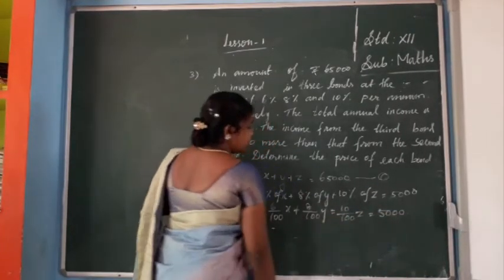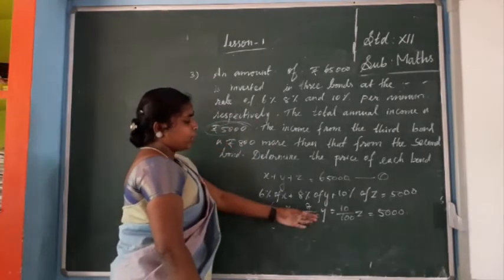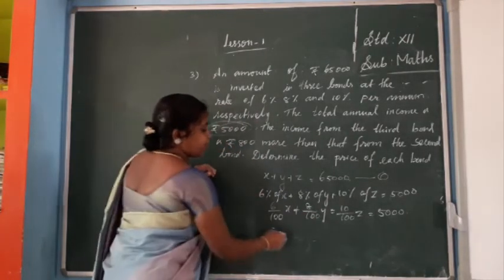Next step: on the left hand side, all the terms have the same denominator, 100.